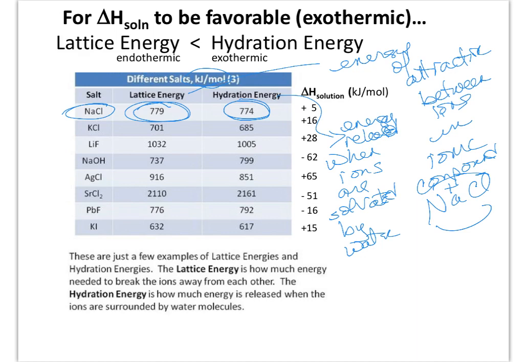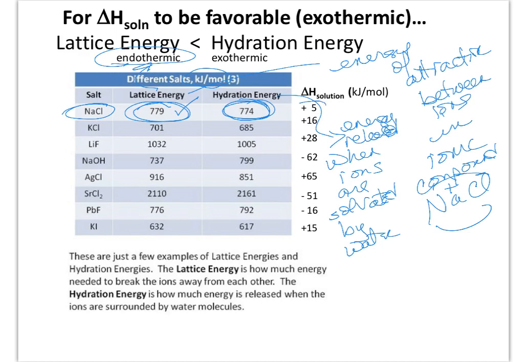Again, lattice energy is endothermic. It costs us 779 kilojoules to loosen up the lattice energy in salt. But then we get 774 kilojoules of that back when sodium chloride and water are attracted to each other.